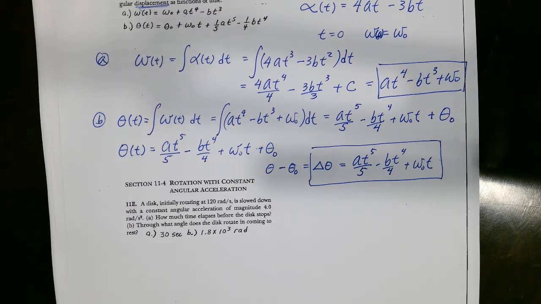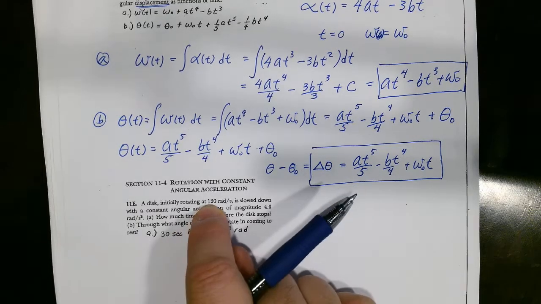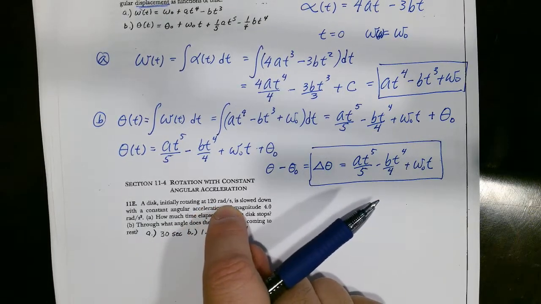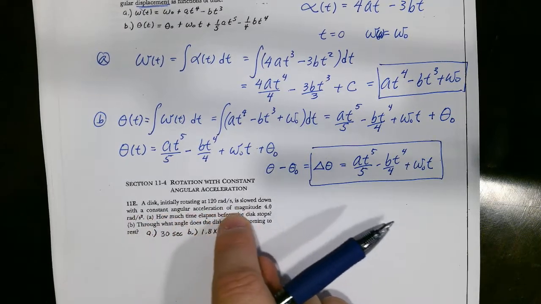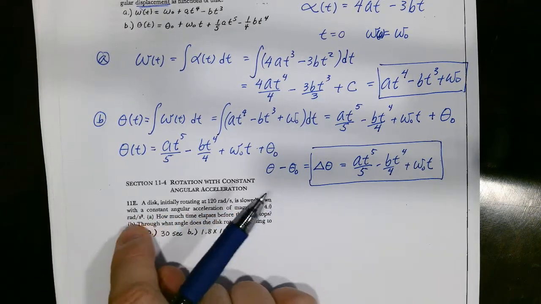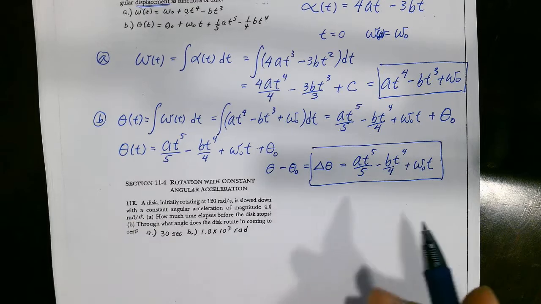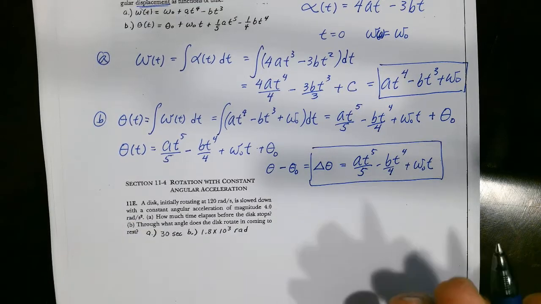So a disk initially rotating at 120 radians per second is slowed down with a constant angular acceleration of a magnitude 4 radians per second squared. So let's write down what we know.